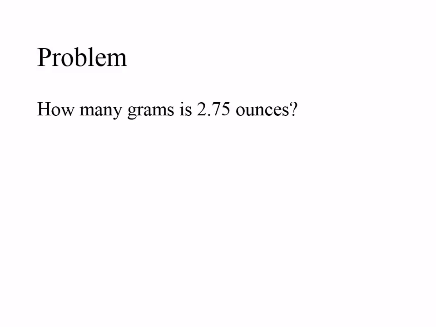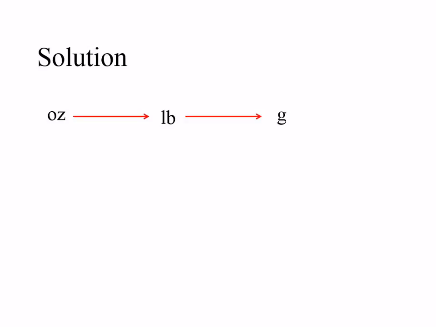Yeah. Okay, good. Go from ounces to pounds. So 1 pound is equal to how many ounces? 16. Yeah. So if we can go from ounces to pounds, then we can go from pounds to grams using that equivalency statement. So in this case, we're actually going to have 2 steps.